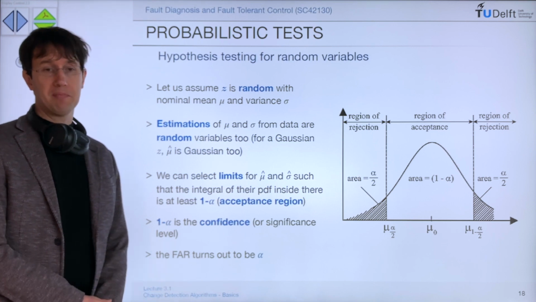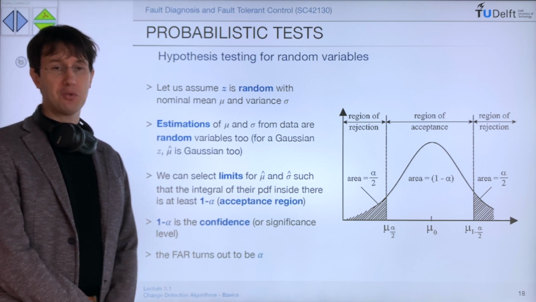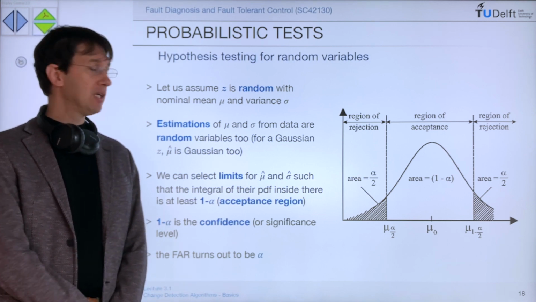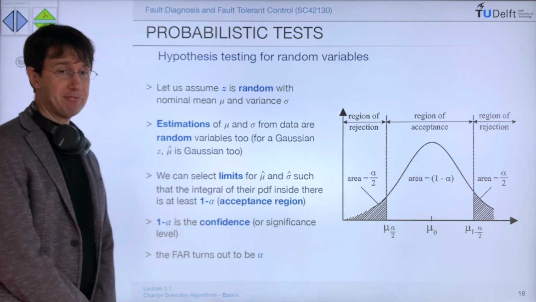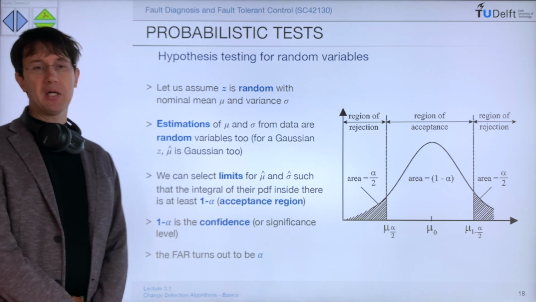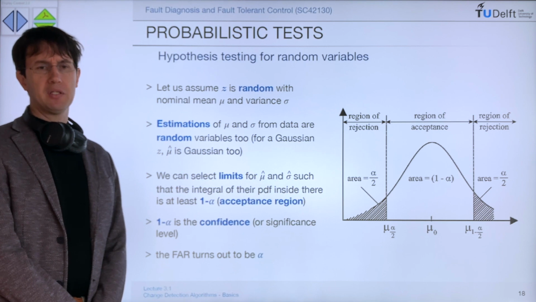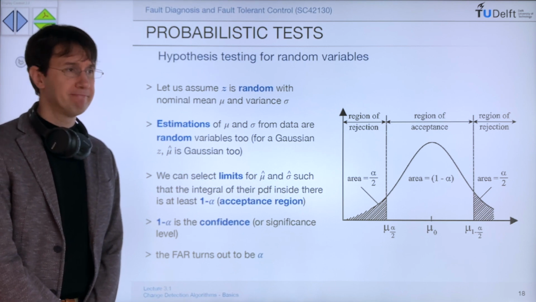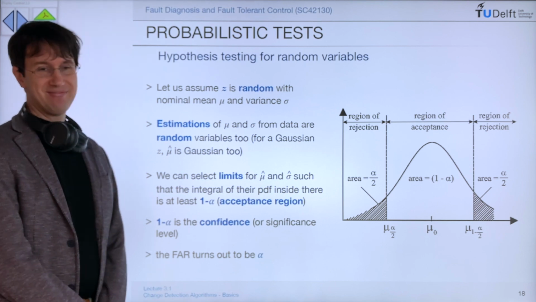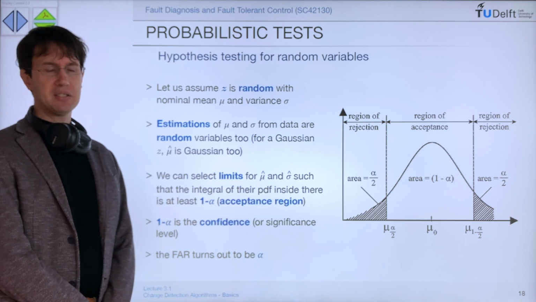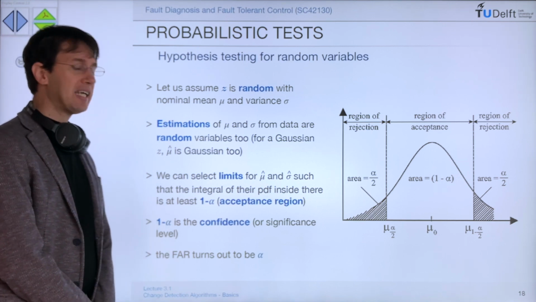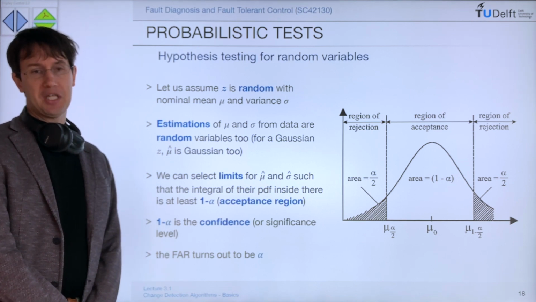So let us assume that we have the true values of the mean, mu, and the variance, sigma, for now. How are we going to use them in order to build a test? Well, this test is not going to surprise you. In the end, it will be a limit checking test.